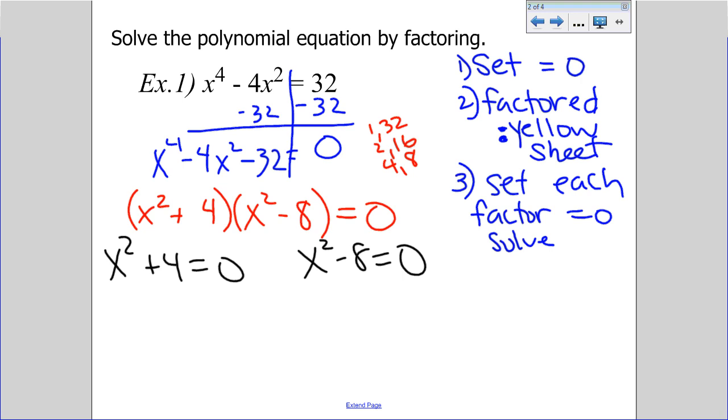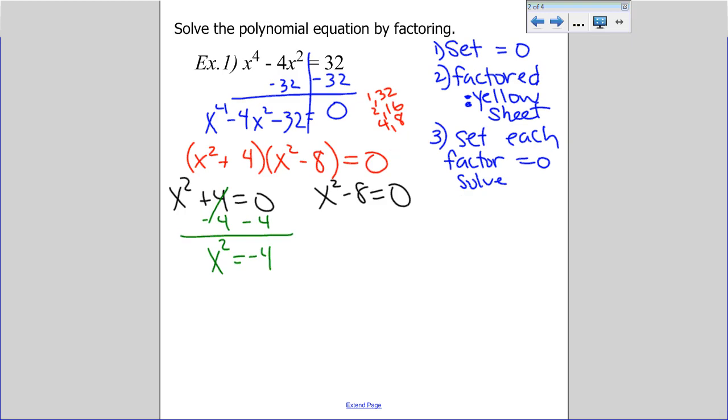These are pretty easy equations to solve, ladies and gentlemen. Undo the operations. How do I undo adding 4? Subtract 4. How do I undo squaring?